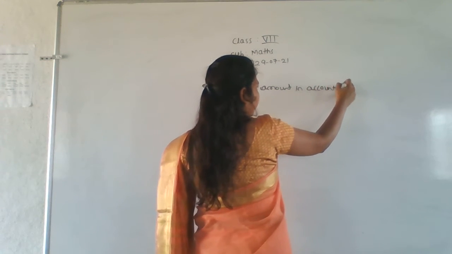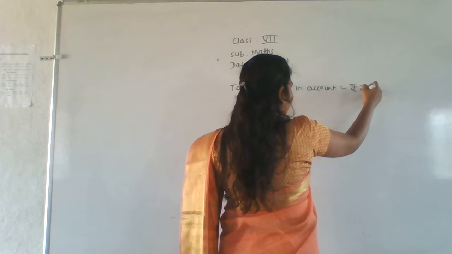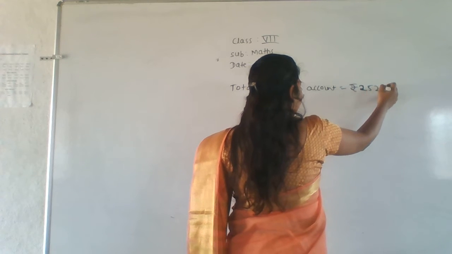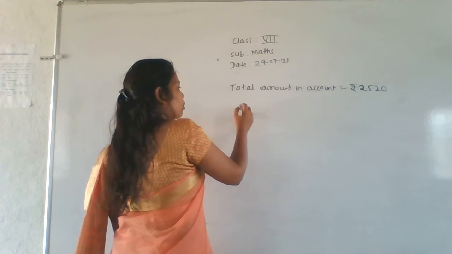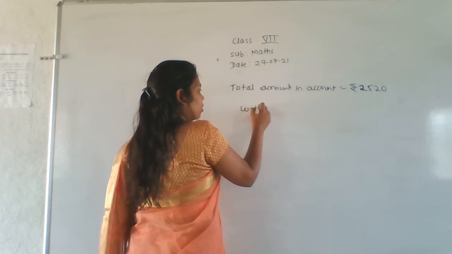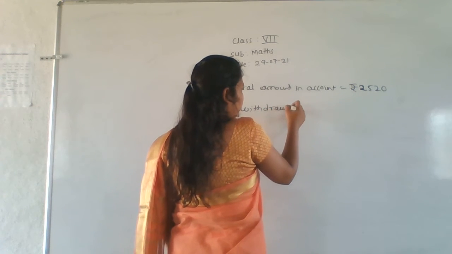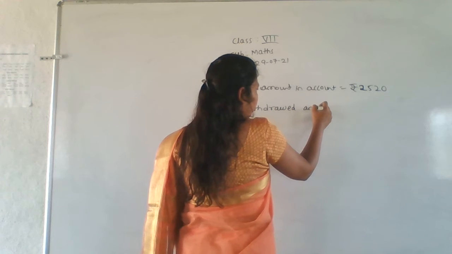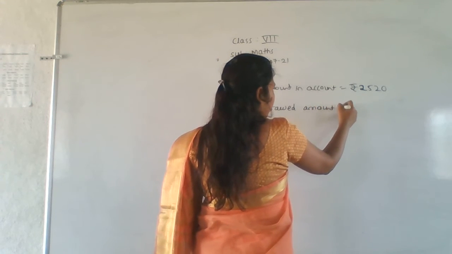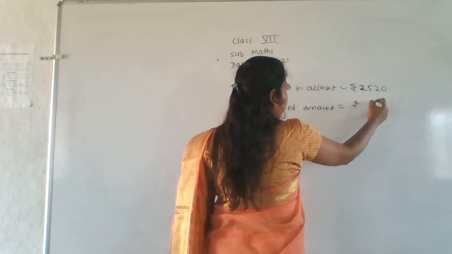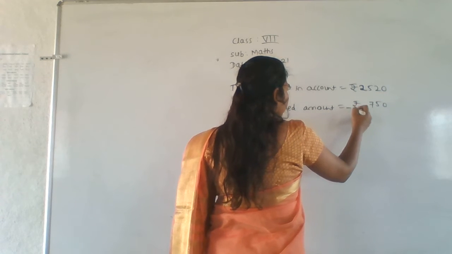How much is the withdrawal amount? Rupees 750. That you have to subtract here.